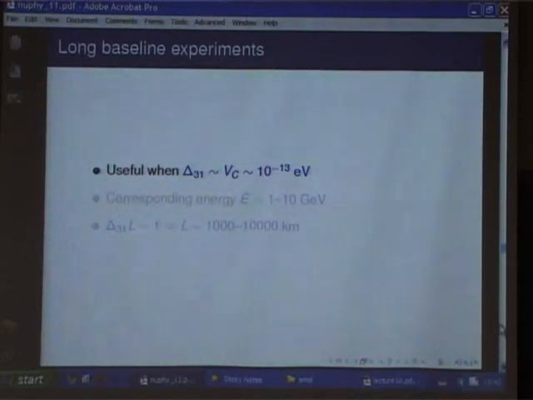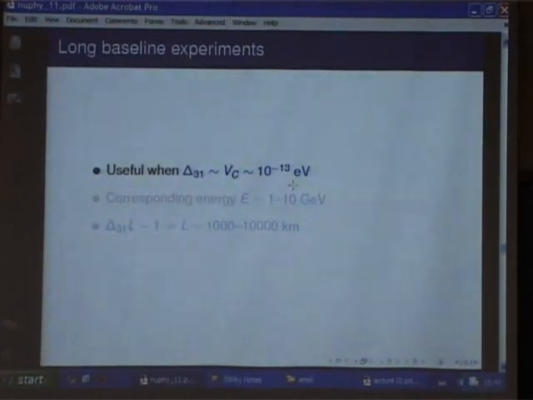Firstly, all this that we did is useful when VC and delta m²31 are of the same order. If VC is very small, you forget about it. When you only talk about delta m²31, it's like vacuum oscillations. We know what VC is inside the Earth.